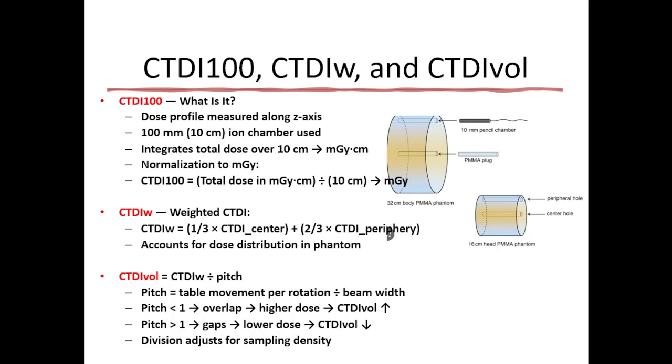On the other hand, if pitch is greater than 1, the table moves faster, meaning there are gaps between slices, and therefore it results in lower dose, and CTDIvol goes down. So dividing CTDIw by pitch gives us CTDIvol, a consistent volume averaged dose per length.